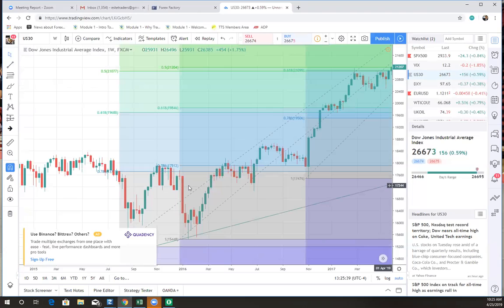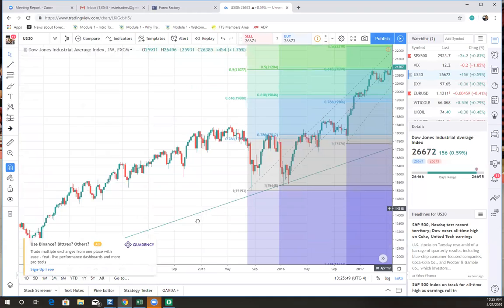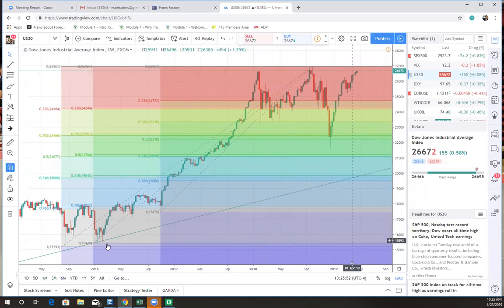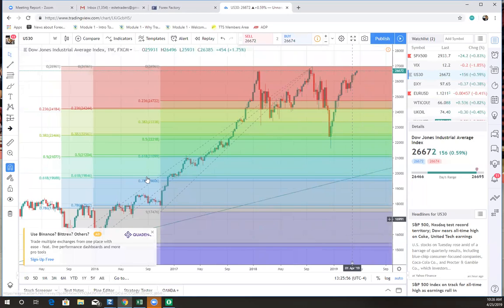In most cases, a correction is always a wave count of 3. 1, 2, 3, and then push. In regards to continuation of trends, sometimes it could go more than that. Like say this one, 1, 2, 3, 4, 5, 6, 7, 8, 9, 10, 11, 12, 13, 14, 15, right?